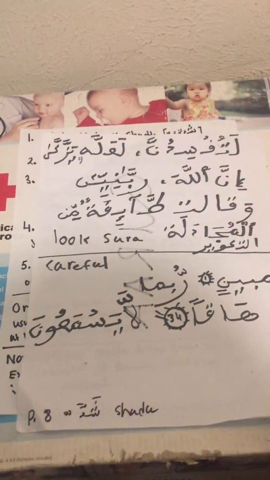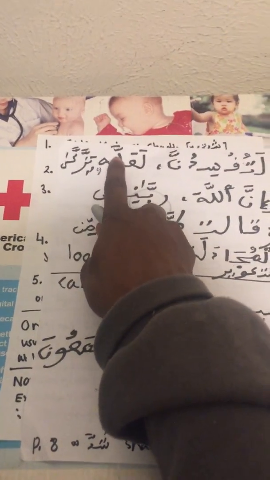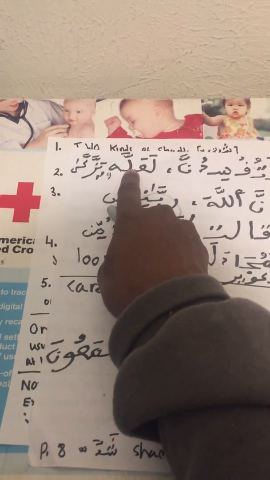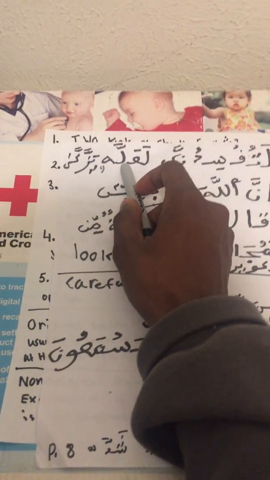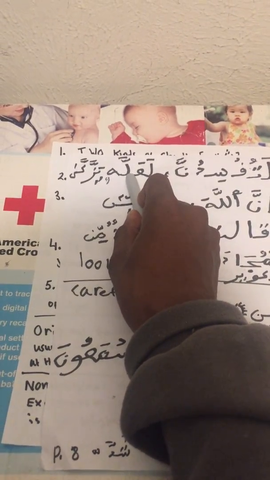It is easier to understand if someone reads it. For example, I'm going to apply shadda on this lam.